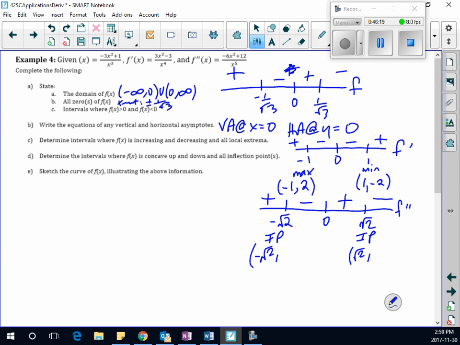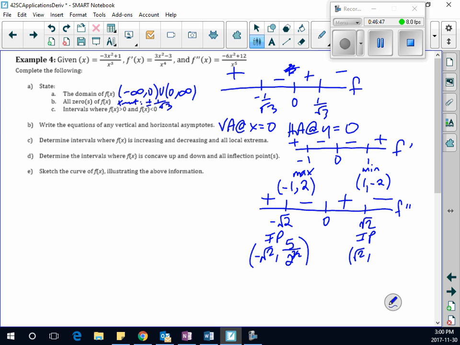So root 2 squared is 2. 2 times negative 3 is negative 6 plus 1 is negative 5 over the cube root... So that's a negative over negative, so it's a positive 5 over 2 to the power 3 over 2.